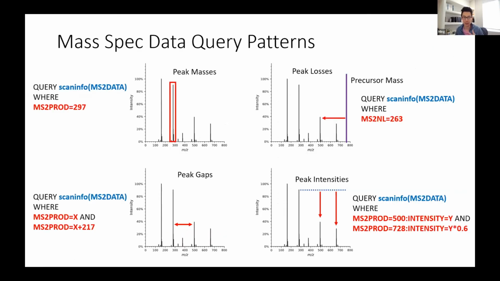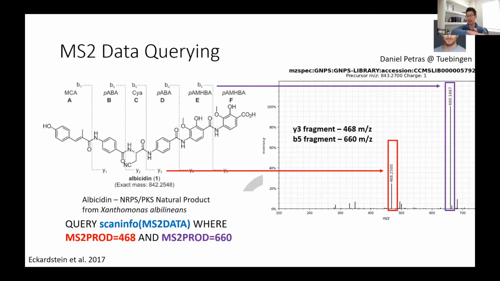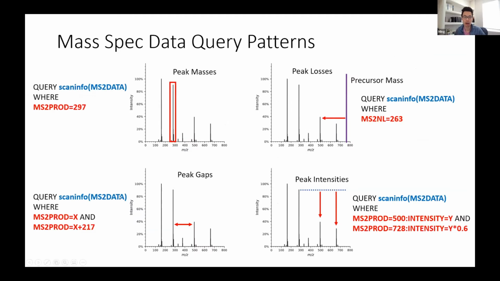And so that's one example where we're looking at the MS2 data. Other patterns that you can start expressing in this language are, and this is within the MS2, and we can do a similar thing in MS1. So you can start saying, I want to look for a particular MS2 peak. You can look for specific neutral losses from the precursor within the MS/MS. You can start looking for mass delta.